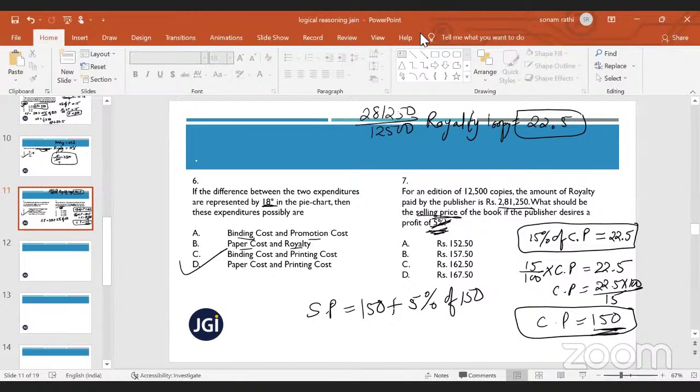If I do the calculation properly, I will get 7.5. So SP is equal to 150 plus 7.5, which is 157.5. Option B is the correct answer, right? Yes.